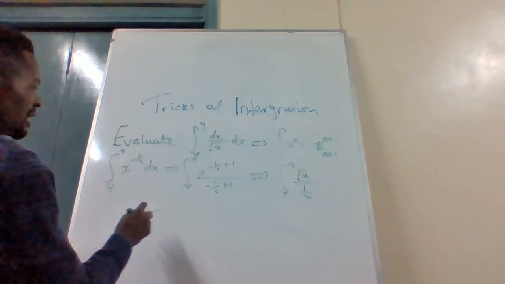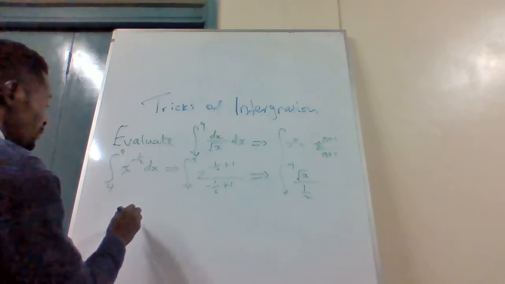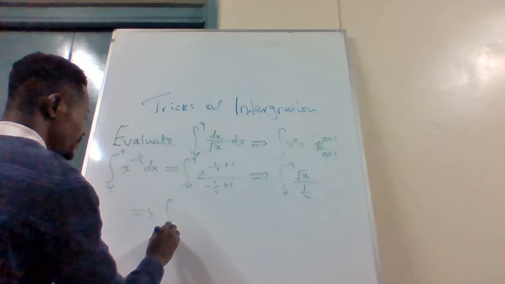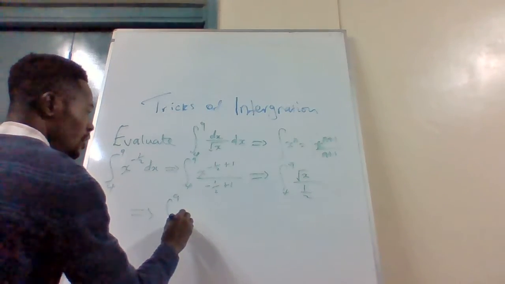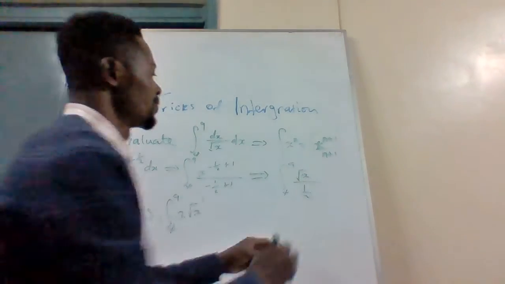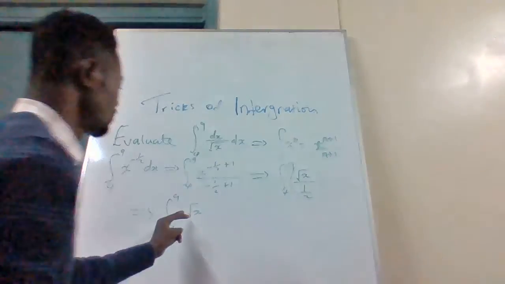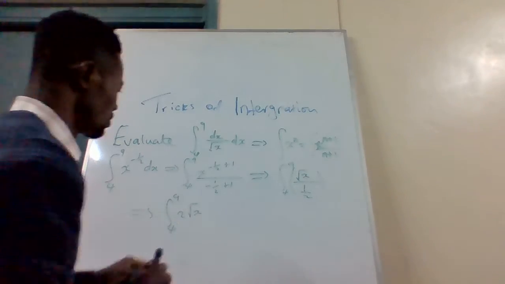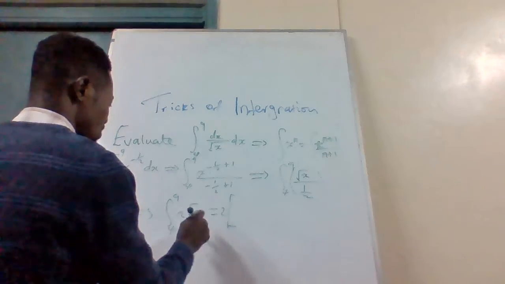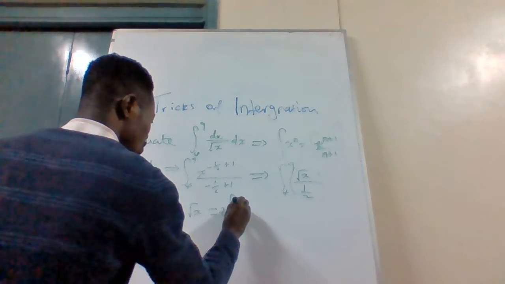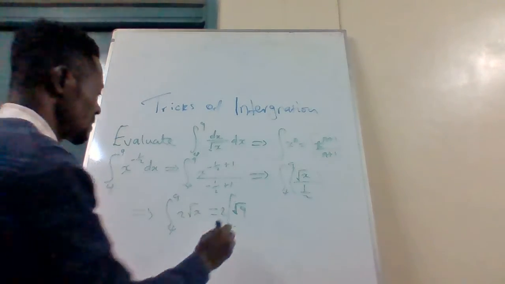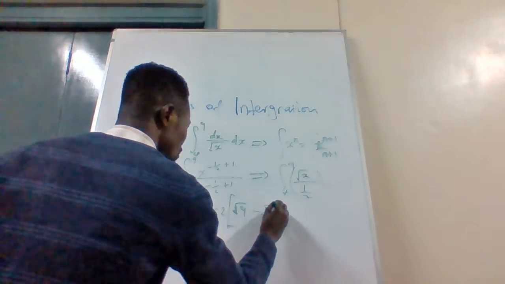So if we evaluate the integral, root x divided by a half can be written as 2 root x, from 4 to 9. Put the limits in: we always start from the upper end, root of 9, minus root of 4.